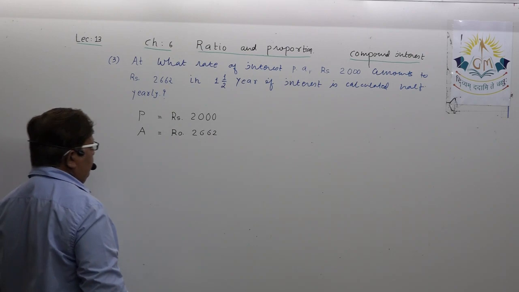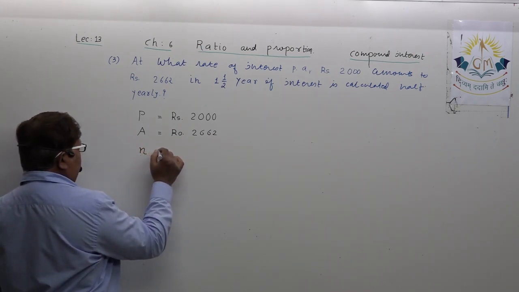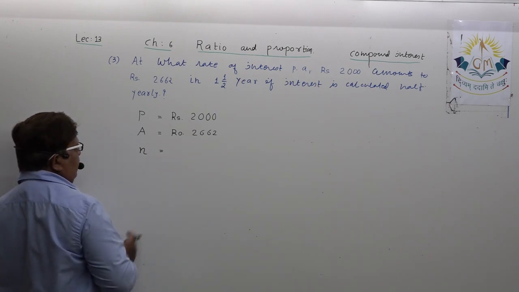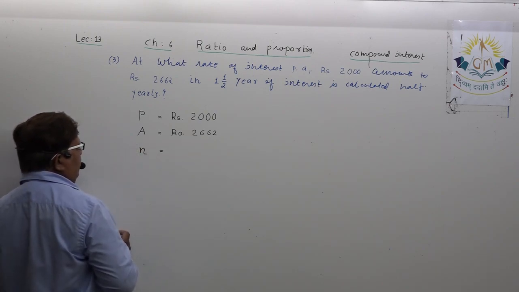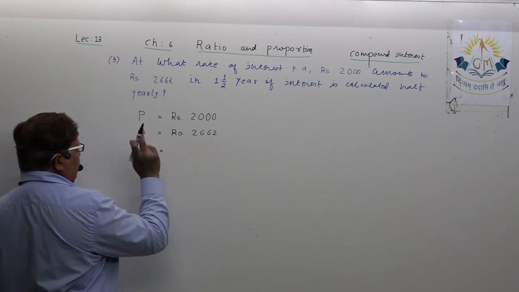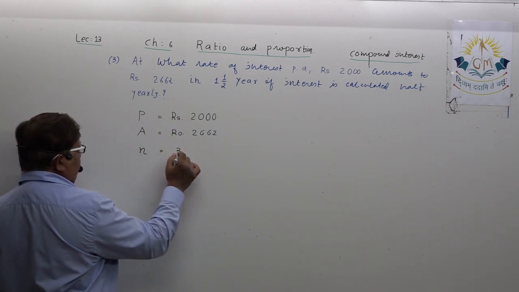And because you are going to compound the interest semi-annually, half yearly, for the period of 1.5 year, obviously 1.5 year will include how many half year periods? 3.